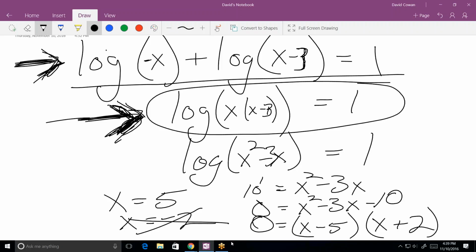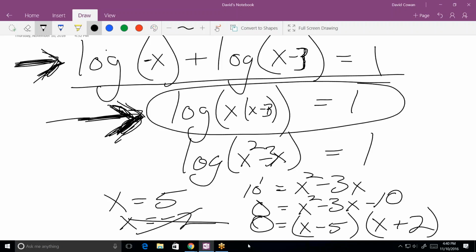All we learned about was logs today in class. Okay, let me think if I can even think of some interesting log questions that you haven't covered. You know what? Let me open my book. I really kind of would like to show you this one problem. Let's see if I can find it quickly.